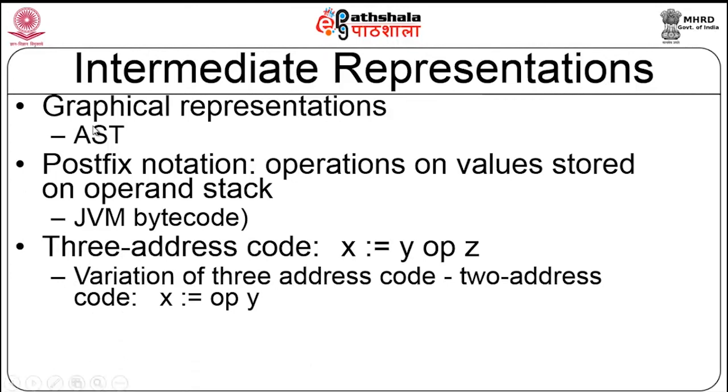For postfix notation, I can have a binary tree constructed and do a post order traversal, or simply have a postfix expression generated by converting a normal expression to postfix notation. Or I can have the intermediate representation called 3-address code, where I am permitting up to 3 addresses.